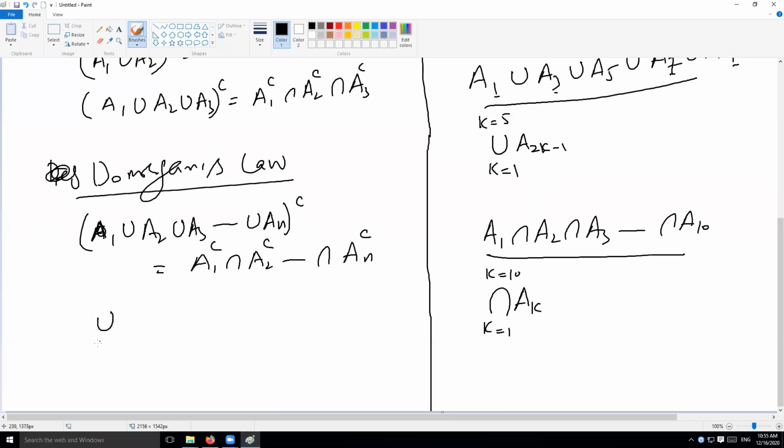If I take the union of AI from 1 to n, and then compute the complement, this is the same as the intersection of AI complements, where I runs from 1 to n. You agree? Are you getting the point? Yes, sir. Good.